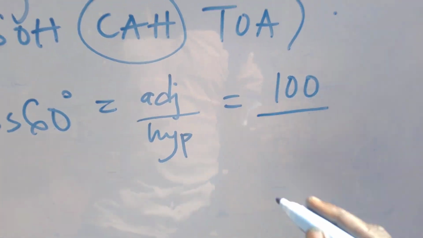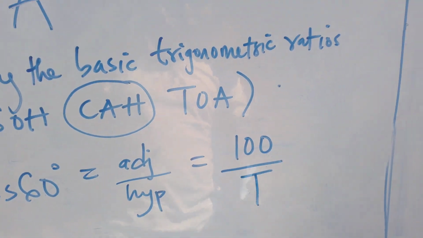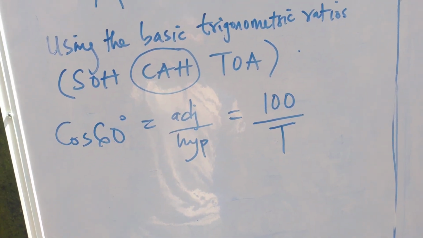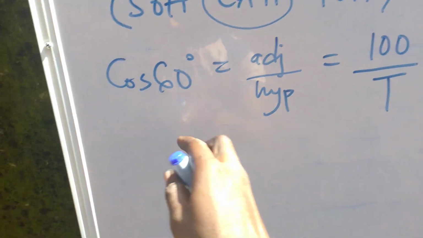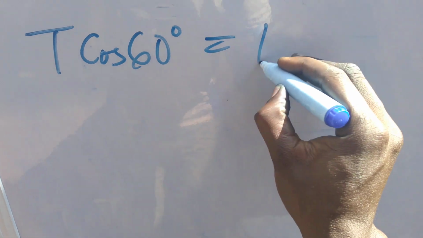That's 100 over the hypotenuse, which is the tension T. Now I can cross multiply, so T cos 60 will be equal to 100.